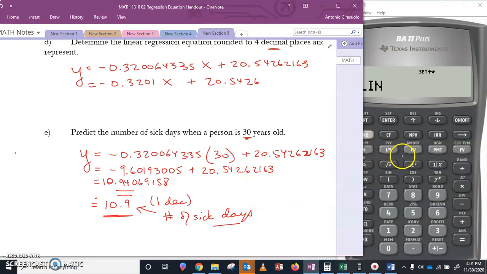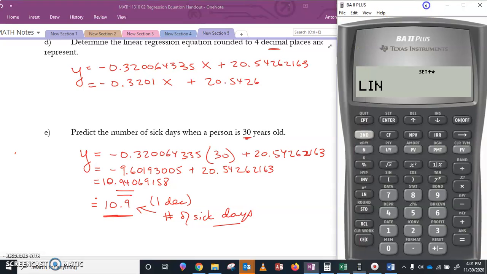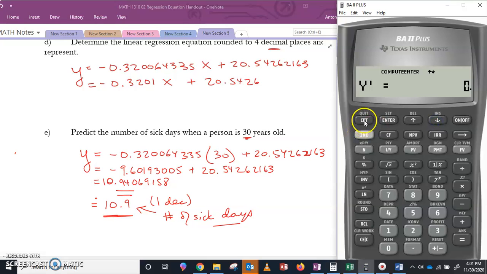All right, now using our calculator, once again, let's go to our calculator. If we have our data in there, we'll go second stat, scroll down until we get to x prime, and we're going to put in 30, hit enter, scroll down, and hit compute.